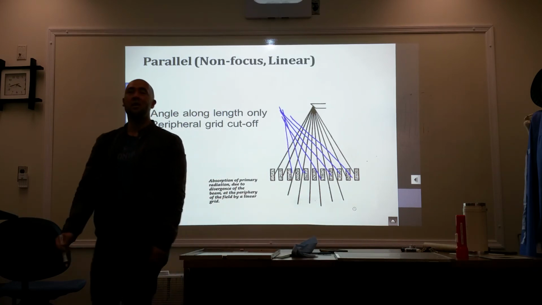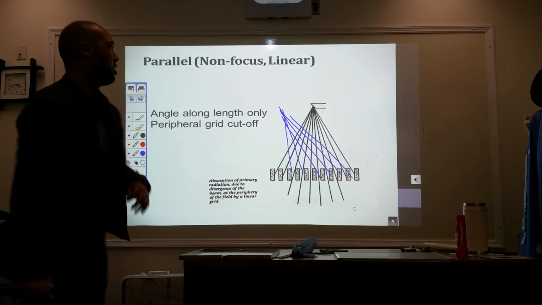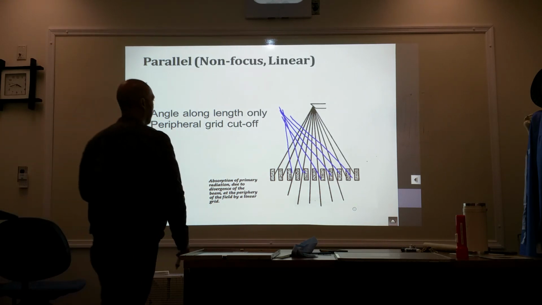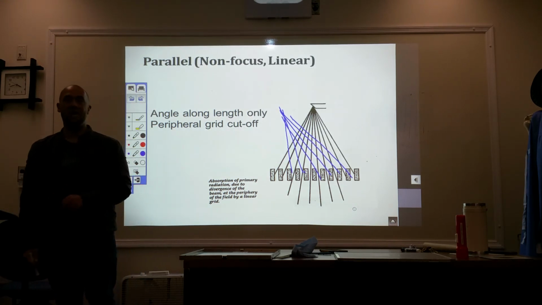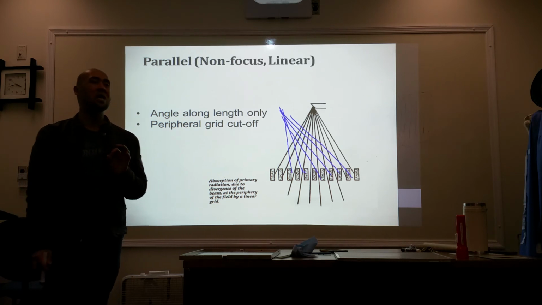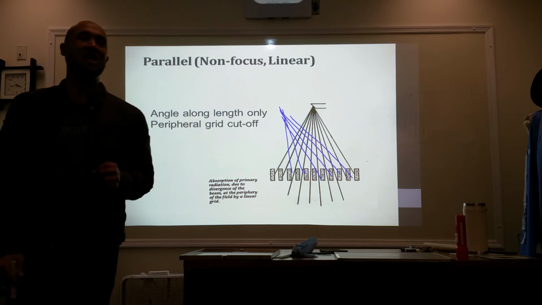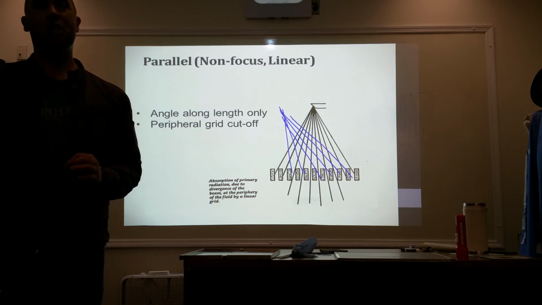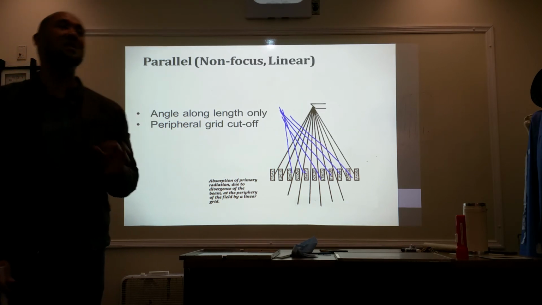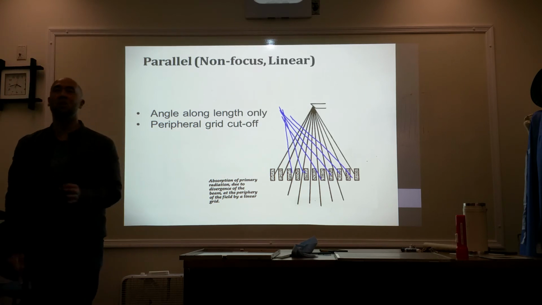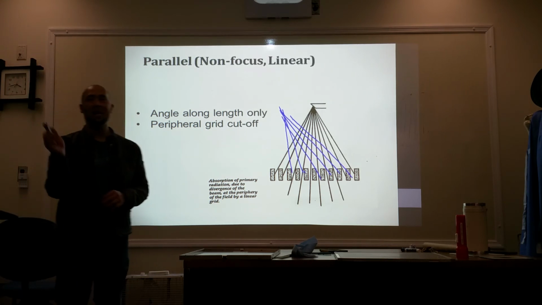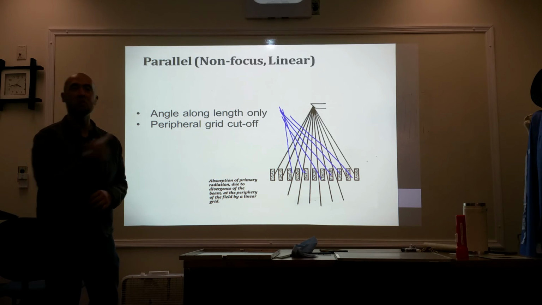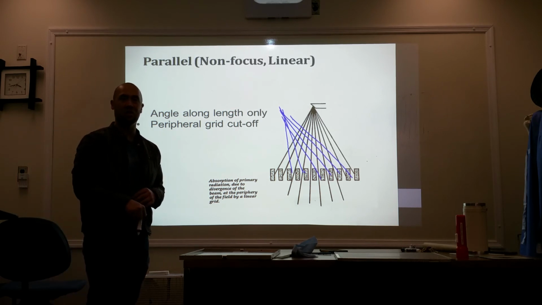The new term I'm going to introduce here is what's known as grid cutoff. Grid cutoff is when the grid attenuates a portion of the primary beam. Grid cutoff occurs when it is absorbing a portion of your primary beam, not just your scatter radiation, but also your primary radiation.